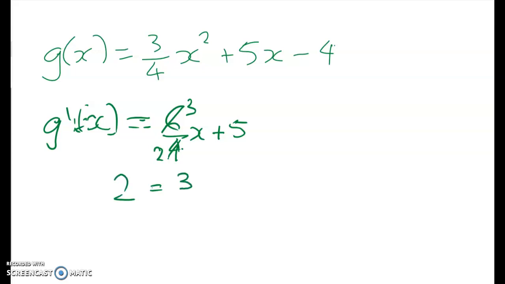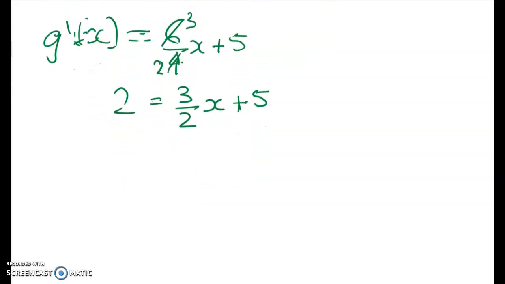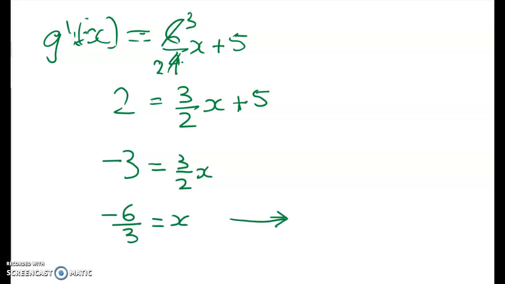So we get 2 is equal to 3 over 2x plus 5. So solving this gives me -3 is equal to 3 over 2x. -6 over 3 equals x, giving me a final answer of x is equal to -2. So that's my answer for that one there.